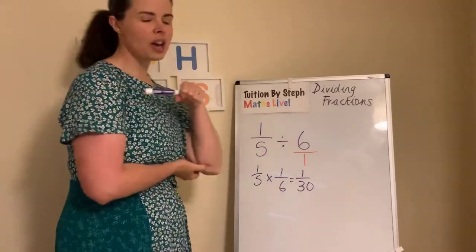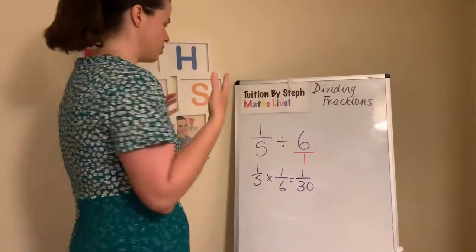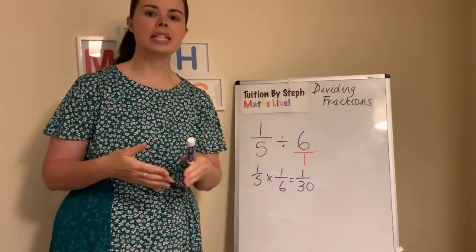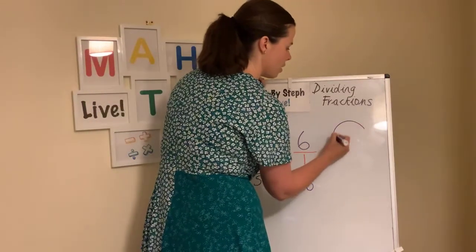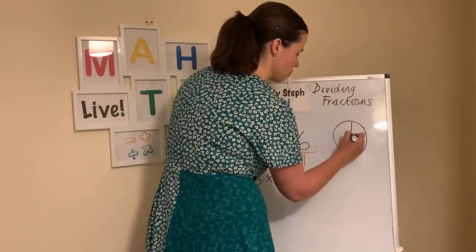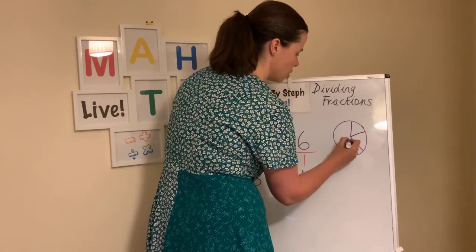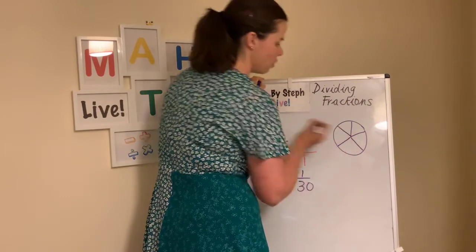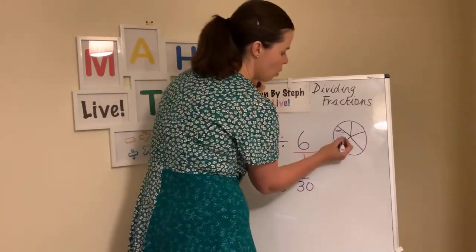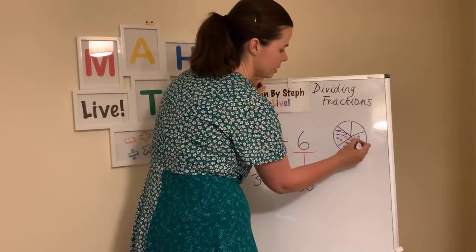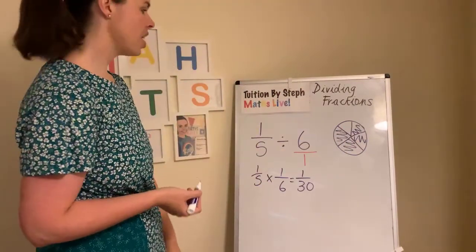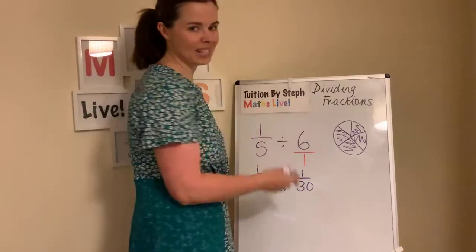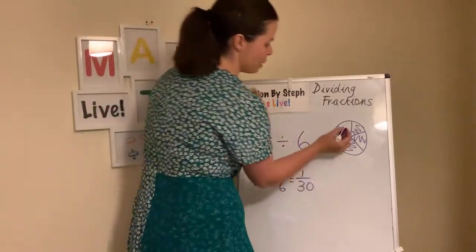Okay, so with that question, for example, if you had 1/5 of a pizza left, so if your pizza had been split into 5 parts, oh, this is going to be fun, so 1, 2, 3, 4, 5, and say all of this had been eaten, and there was just 1/5 left, and you needed to divide that by another 6 people.